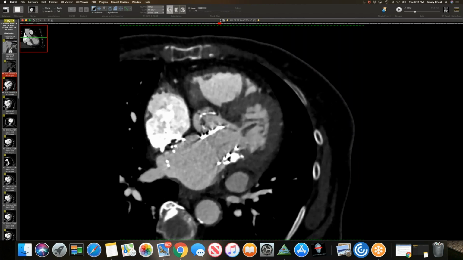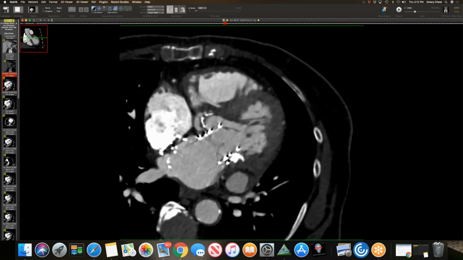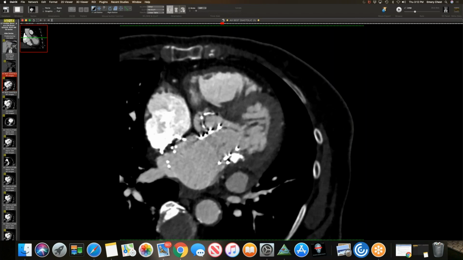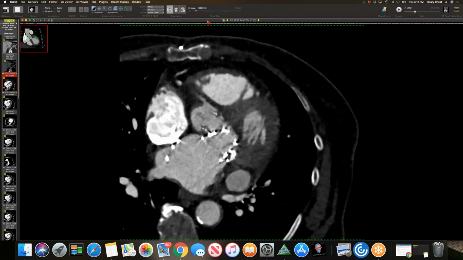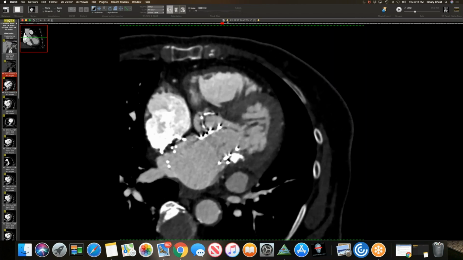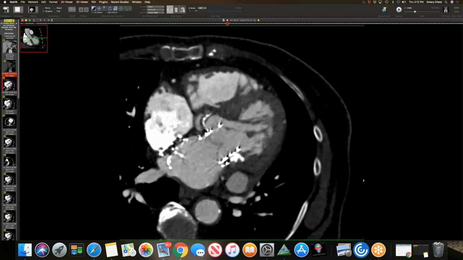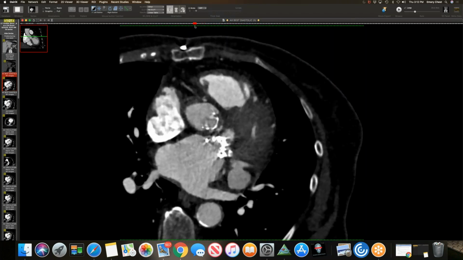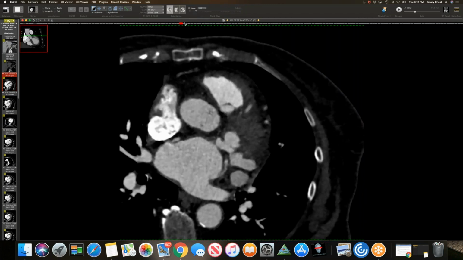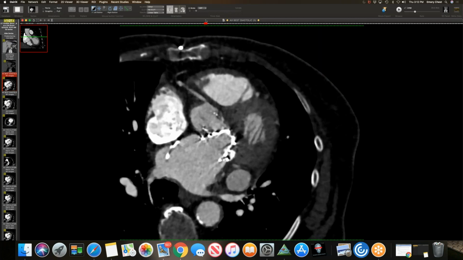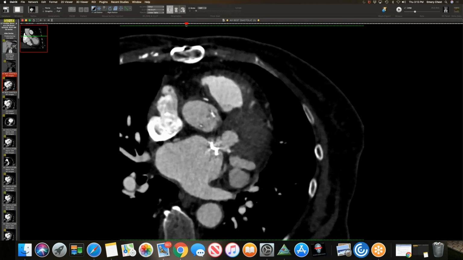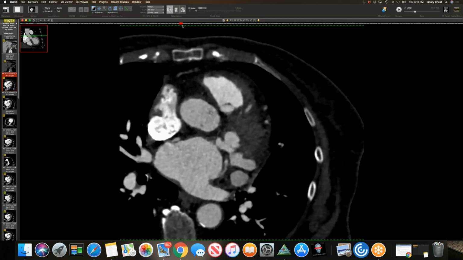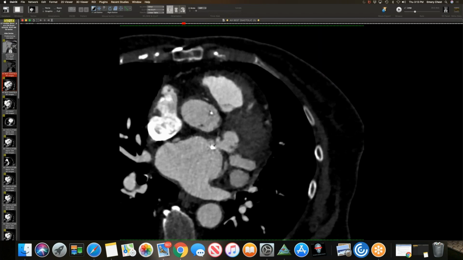But unfortunately, in this case, right after the valve placement, there was what they thought was severe perivalvular leak on their echo, so they got this cardiac CTA. It's a similar finding to the previous study. There's an aneurysm here, again at the base, and it seems like it's right under the mitral valve. And as I scrolled through, I could see that it was communicating with the annulus here.